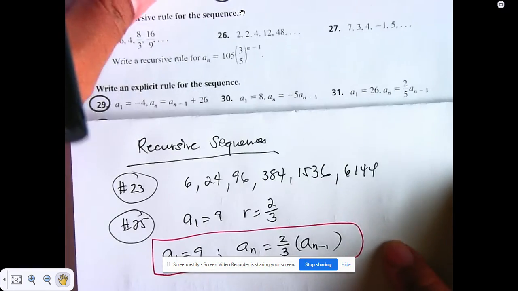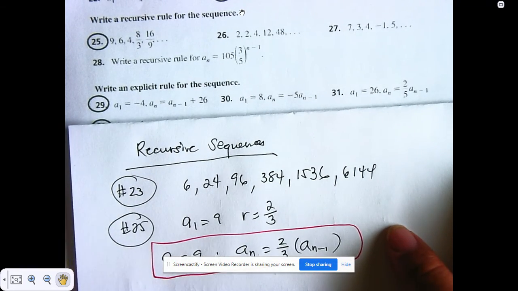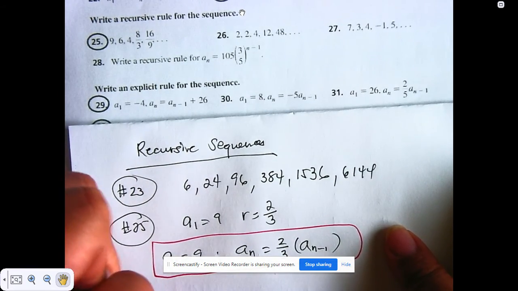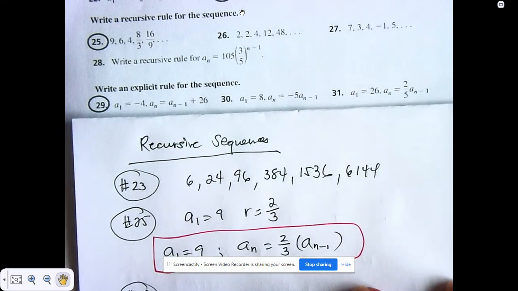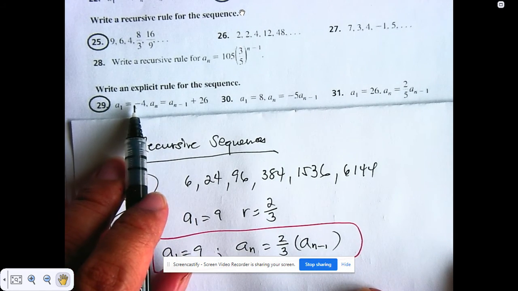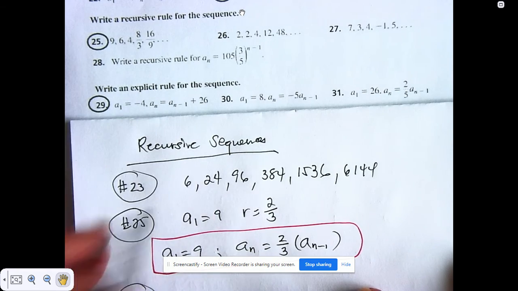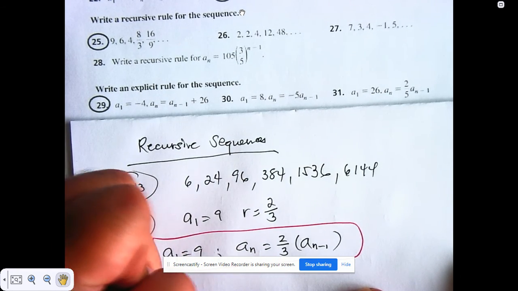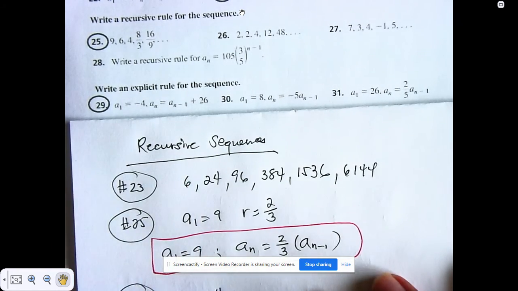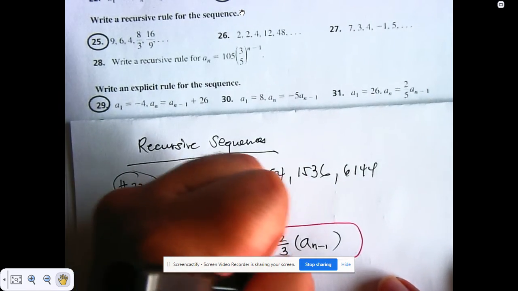Next, write an explicit rule for the sequence. Number 29. Here a sub 1 is negative 4, and to get to the next term, you add 26. So d equals 26.